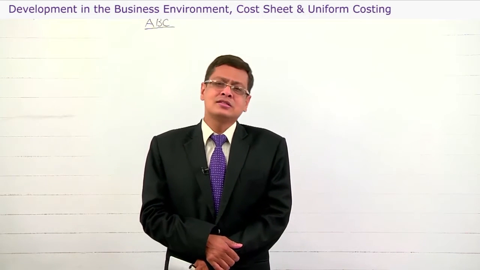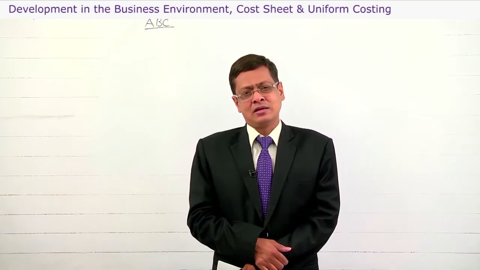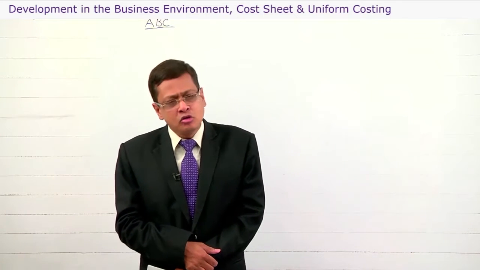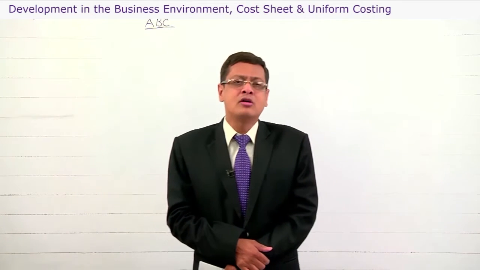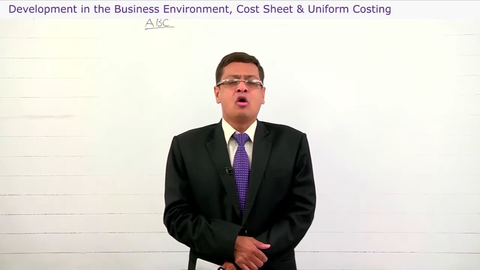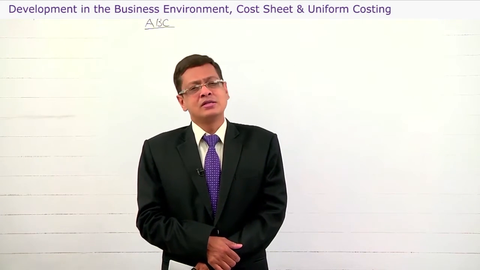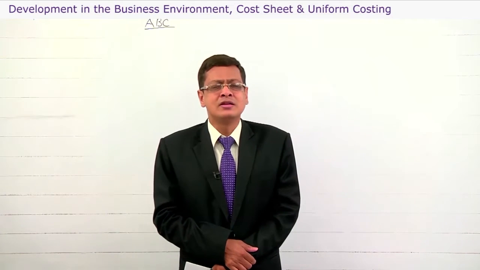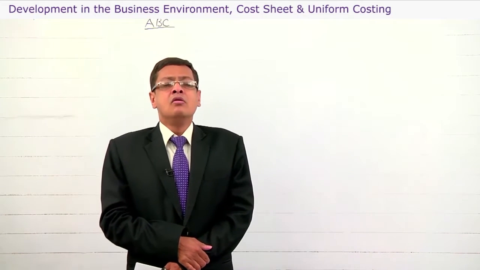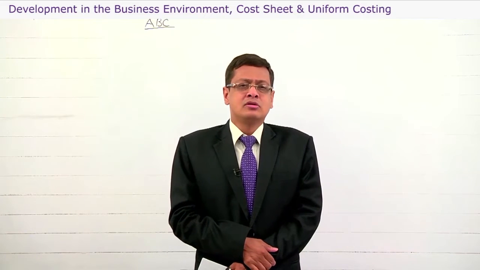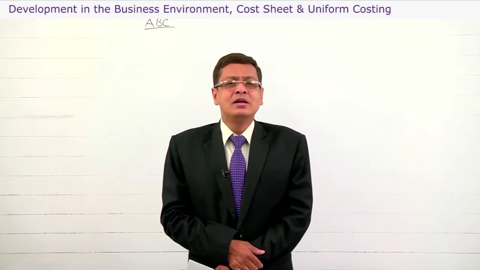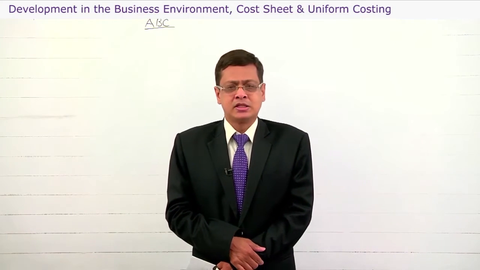It was thinking in terms of each activity. So how to reduce the cost, how to work on improvement of the quality. So all these aspects were considered in activity based costing. So this was one of the reasons which required activity based costing to be taken into the picture.